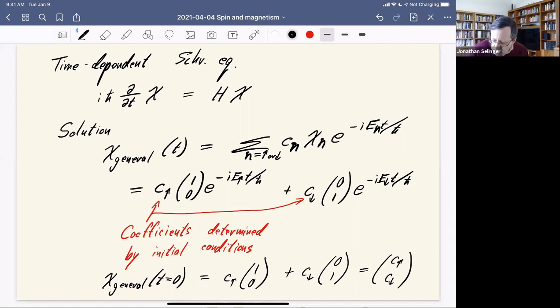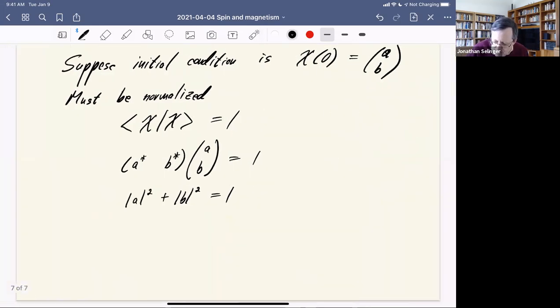So we have that this has to match (A, B). Therefore, C up is A and C down is B.